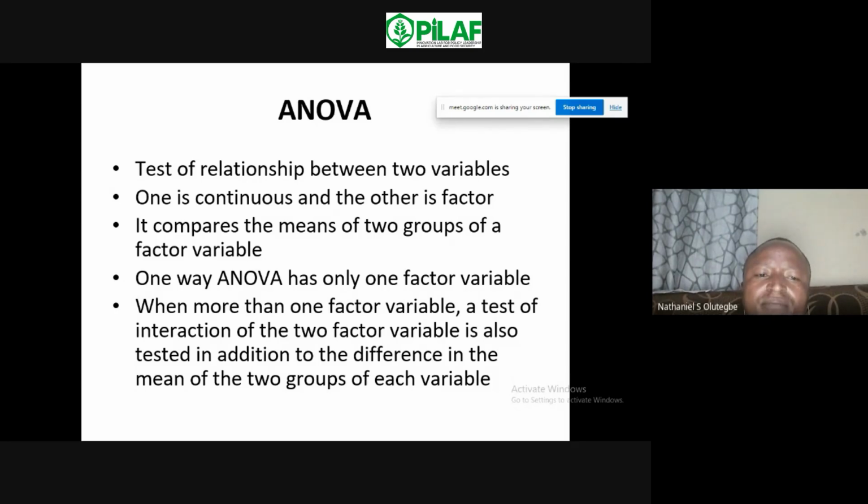You can also say that what you are doing is a test of significant difference among the different marital status categories that we have. You ask whether married are different from single, and single are different from divorced, using a particular test variable, which in this case is academic performance.